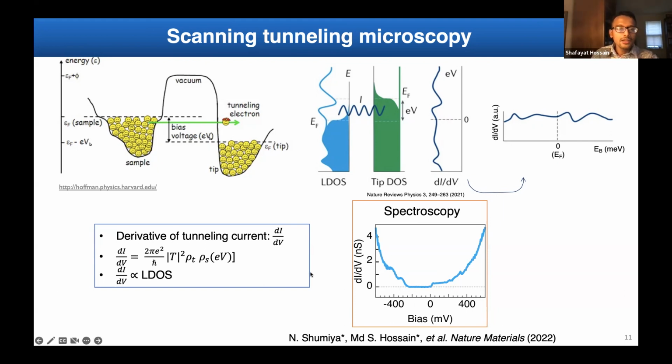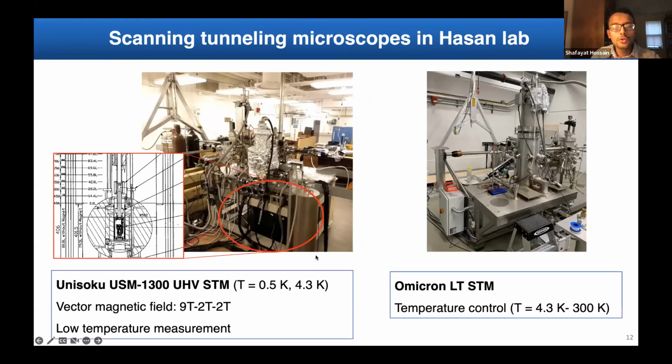All right. We have two scanning tunneling microscopes in our lab. One is a Unisoku, which can go down to helium-3 temperature. We primarily use it for low temperature measurements. Here we have a vector magnet, 9-2-2 Tesla. So we do mostly field dependent and low temperature measurements in this STM.